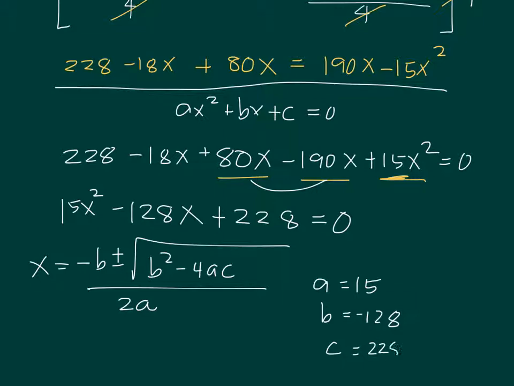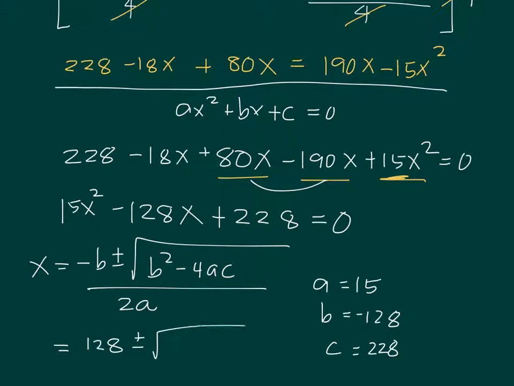Now can you factor it? You can try factoring this, but it might take some time. For me, I can consider the quadratic formula as a faster way of finding x if the numbers are large. Okay, so negative b is negative of negative 128.